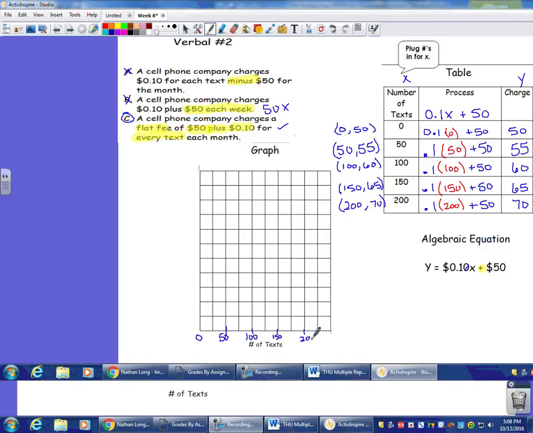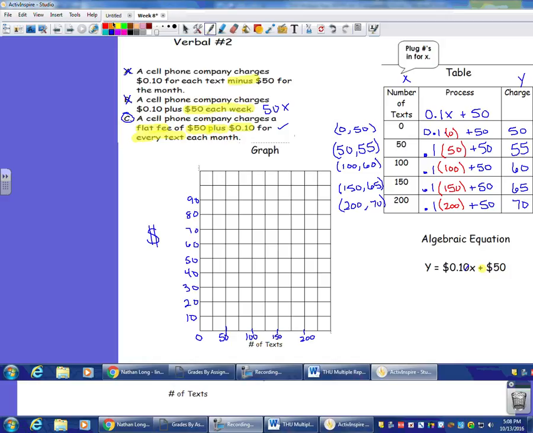Now off to the side over here, this is going to be the charge. So that's going to be the money amount. And I'm going to go by tens. So I'm going to do 10, 20, 30, 40, 50, 60, 70, 80, and we'll stop at 90 because we don't need to go that far.